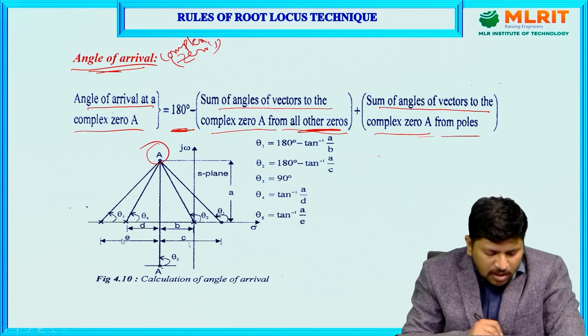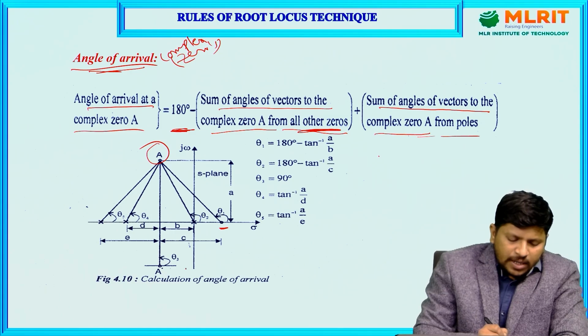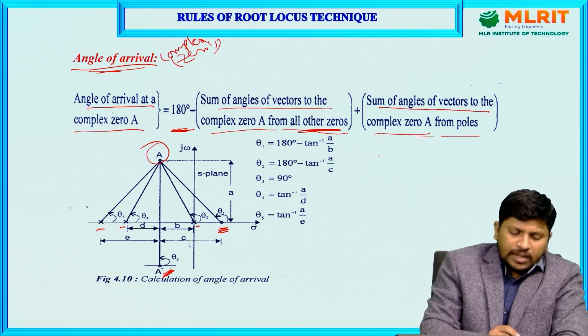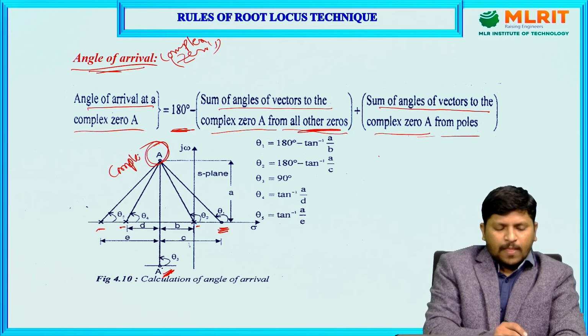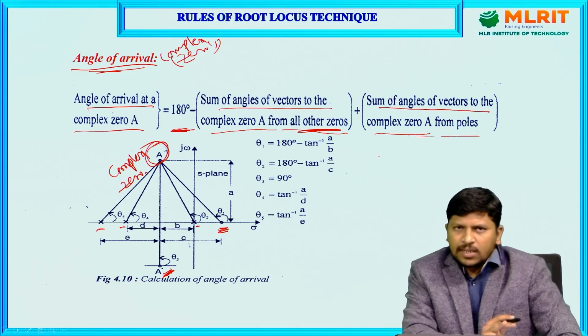Observe here, theta 1 for this pole is 0, and theta 3 is also 0. This one is a pole and this one is a pole, so 0. This one is complex, so a complex zero is available, and that's why we are going to calculate the angle of arrival.